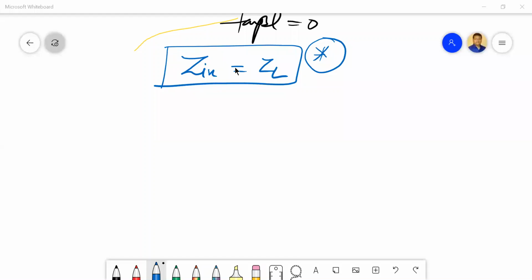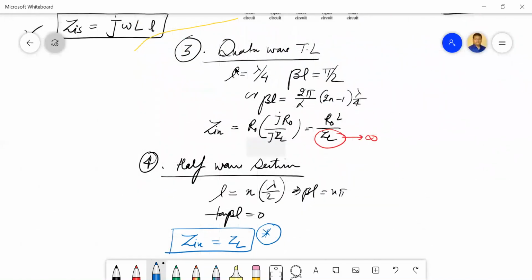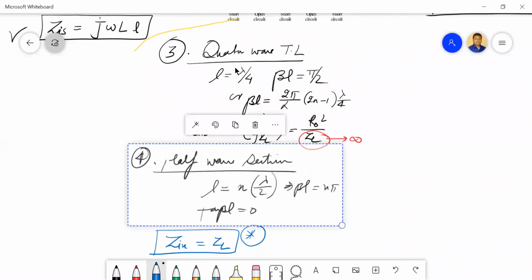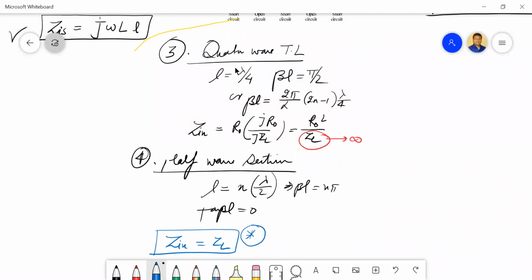What we found for the open-ended case, up to lambda by 4, is capacitance, whereas for the short-ended case, up to lambda by 4, we get inductive behavior. So depending upon the electrical length, βL, you have the freedom to decide your capacitance and inductance. The last two cases are very important when we do matching, and we'll see them in the Smith chart also.